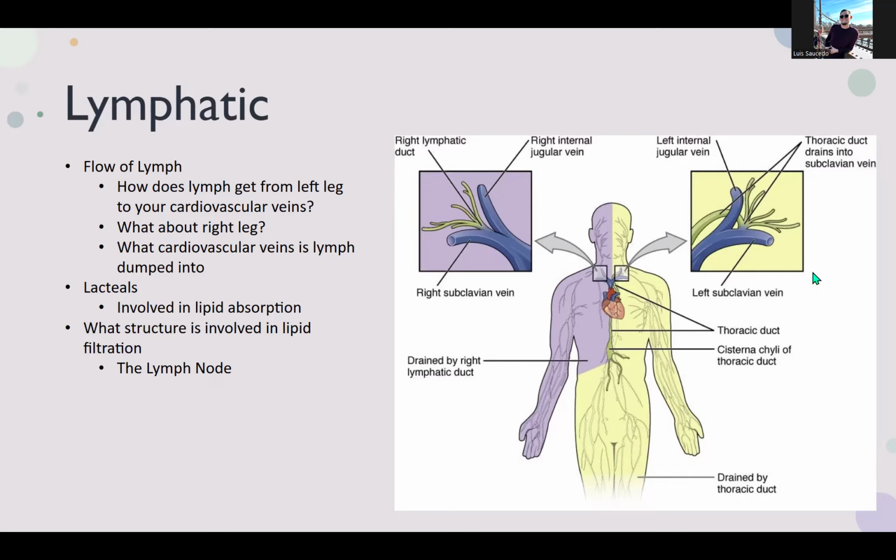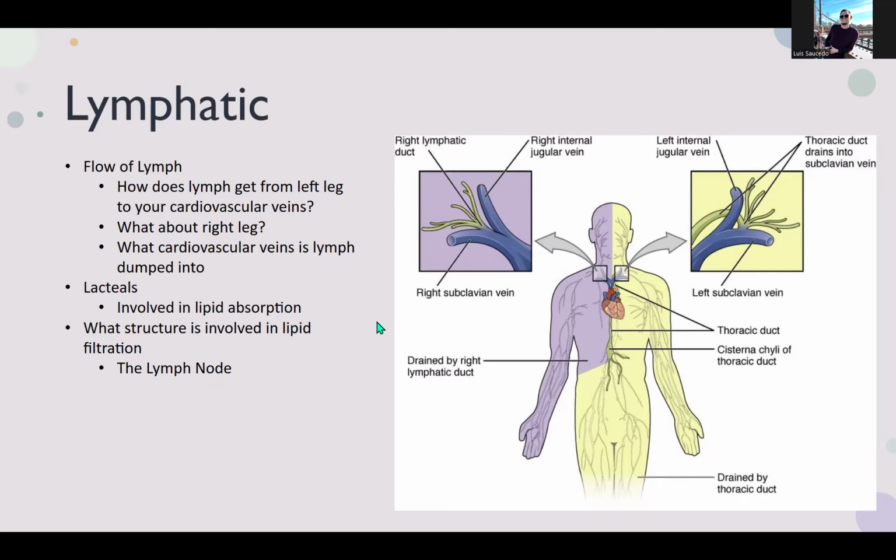So for your exam, if you get a question asking, where does lymph in the right leg drain into, just remember that the right lower body will still go to the thoracic duct and drain into the left subclavian vein, but the right upper portion of your body gets drained into the right lymphatic duct, and from the right lymphatic duct into the right subclavian vein.